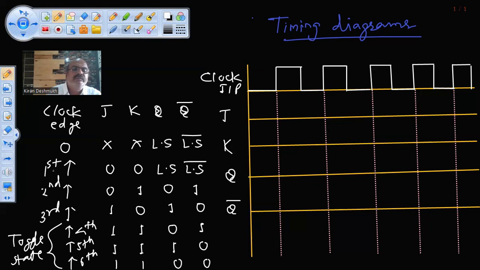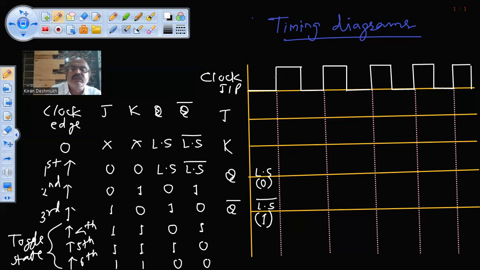So let us assume that this is the last bit. So Q is 0 and Q bar is say 1. Let us assume this. These are the last states.